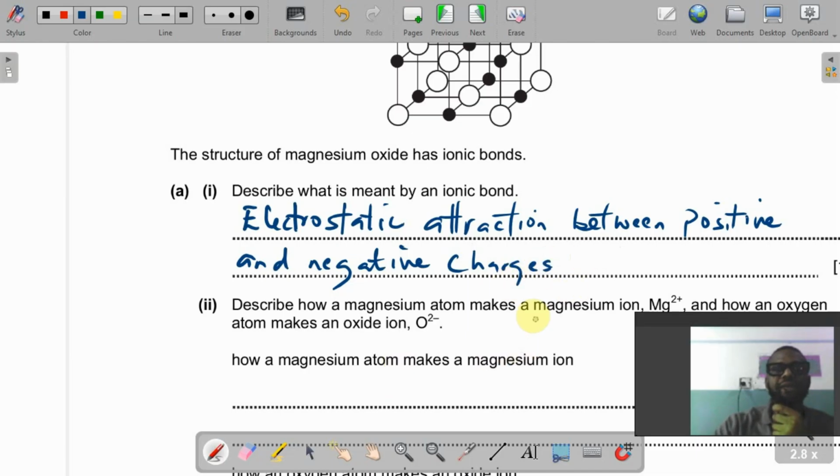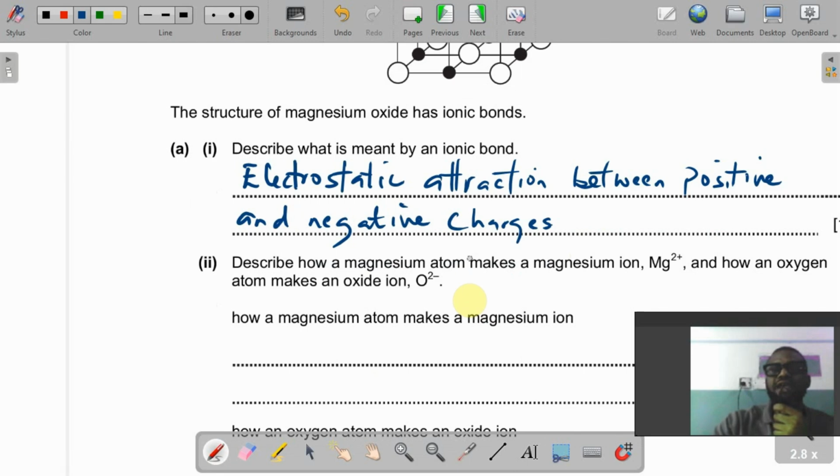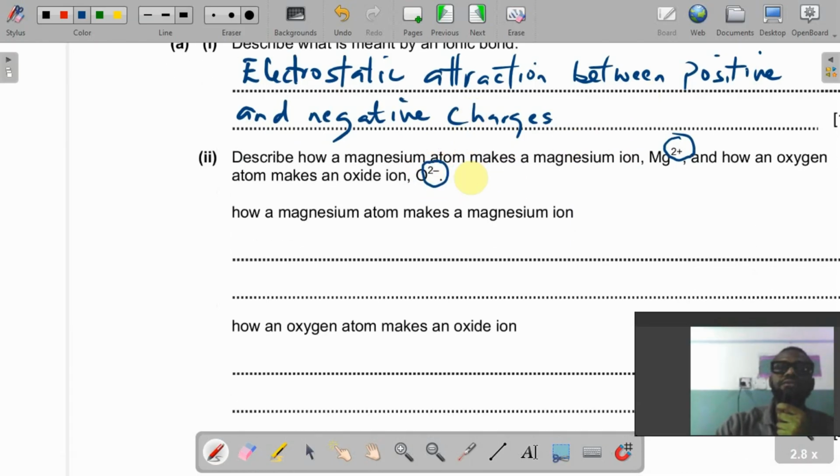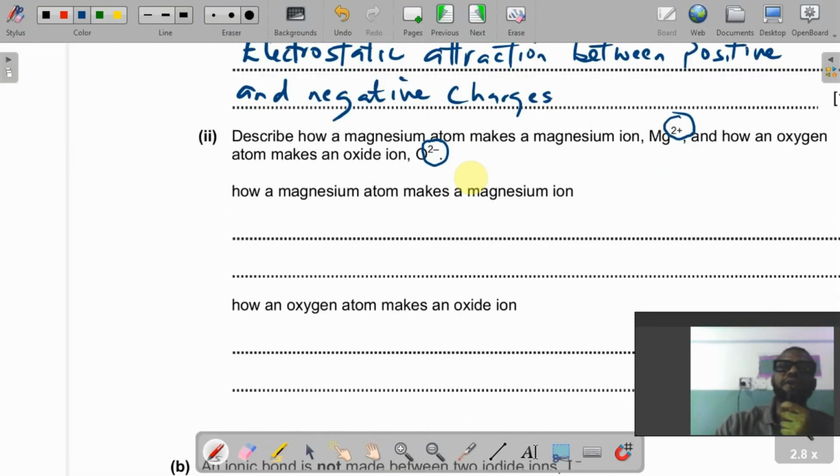Describe how a magnesium atom makes a magnesium ion and how an oxygen atom makes an oxide ion. When you look at both of them, there are two positive charges here and two negative charges here. For a magnesium atom to become a magnesium ion, it will lose two electrons.